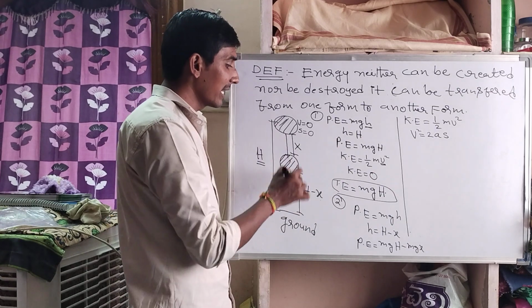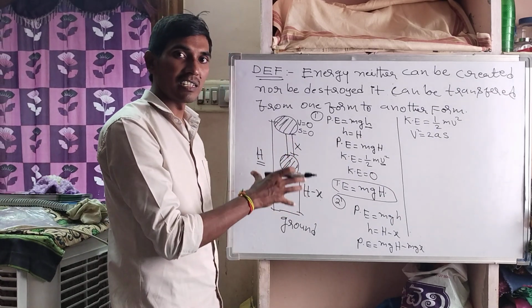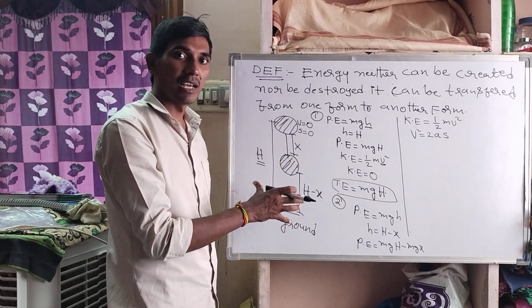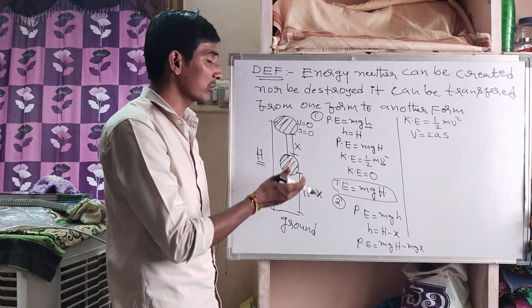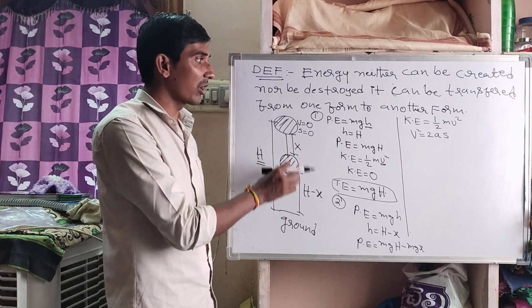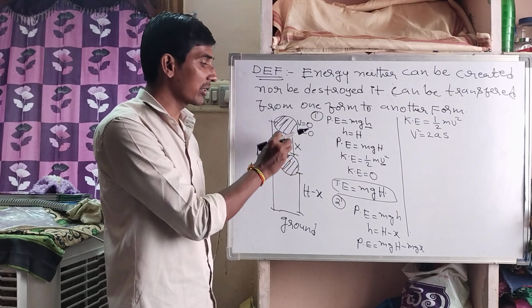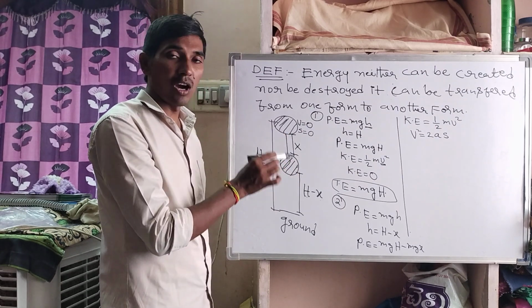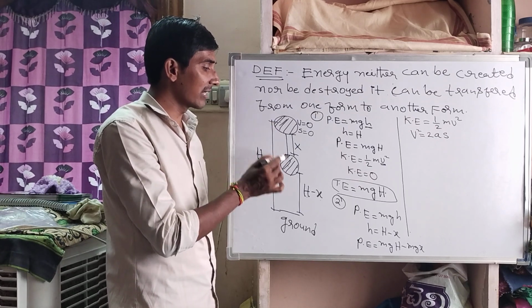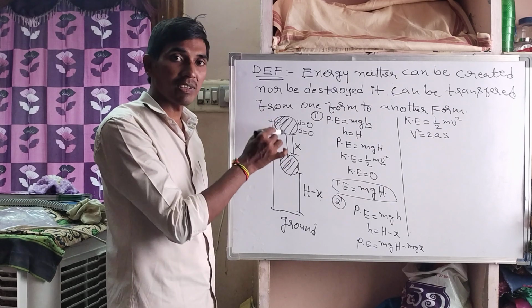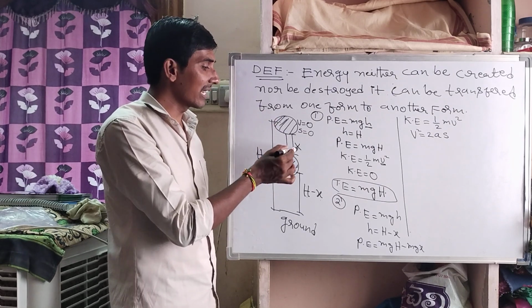The displacement of the object is the difference between the initial and final positions, which is x.